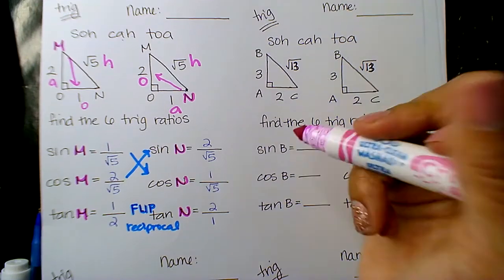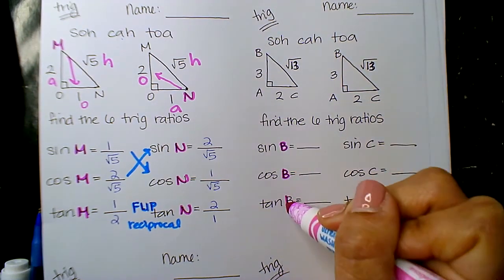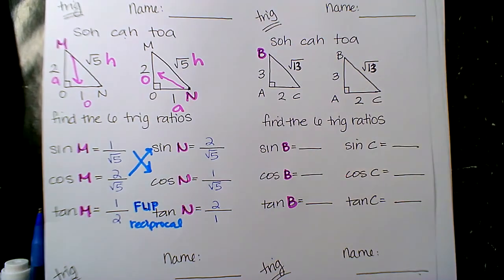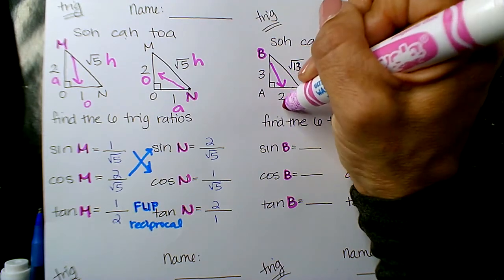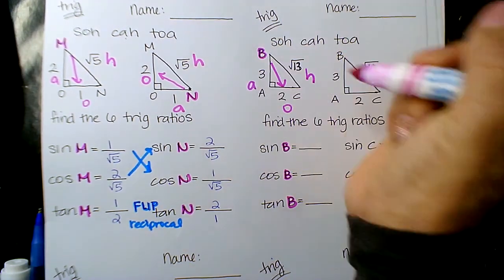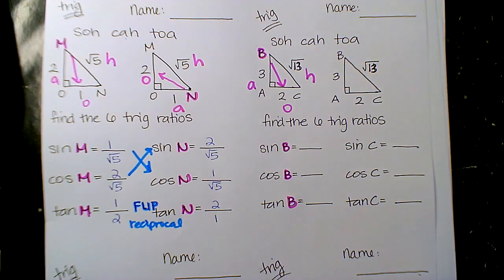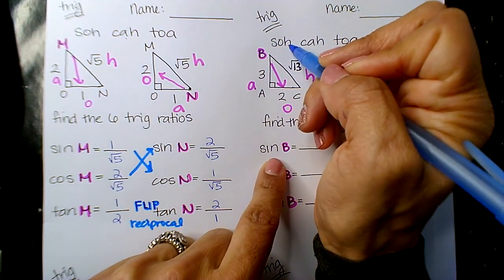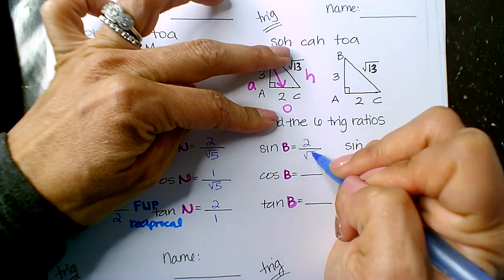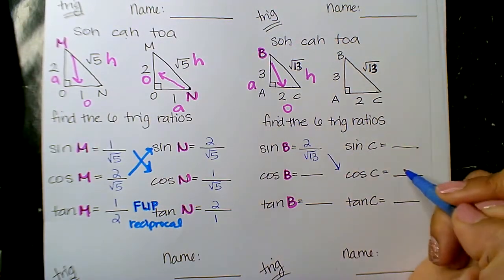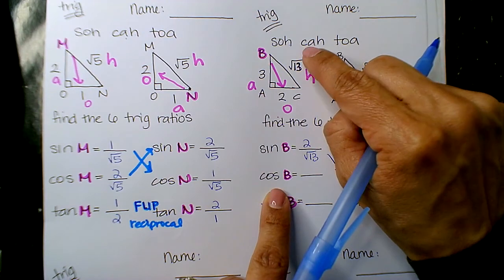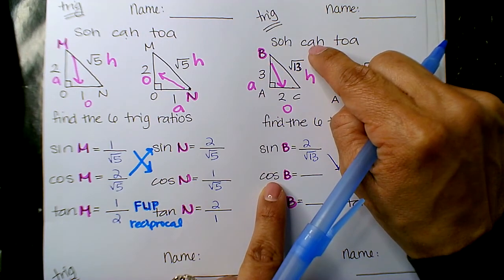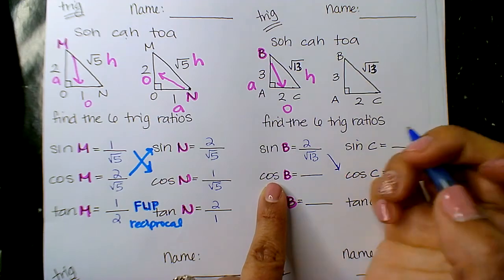All right, again, angle B. So here is B. What does H stand for? Hypotenuse. So this is O, A, H. Now look, if you have it down, S-O-H, OH is 2 over rad 13. Cosine B is CAH. Cosine trig function is set equal to adjacent over hypotenuse.